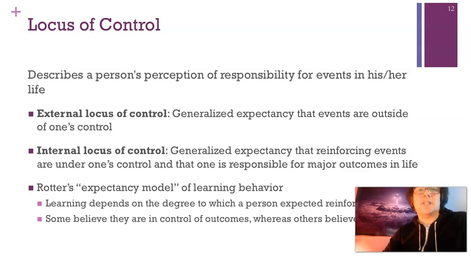So essentially this theory is saying that our expectations for outcomes in particular events will affect how we interpret those events and those outcomes, and that in turn will affect what we learn from them, whether our behaviors are reinforced or not.